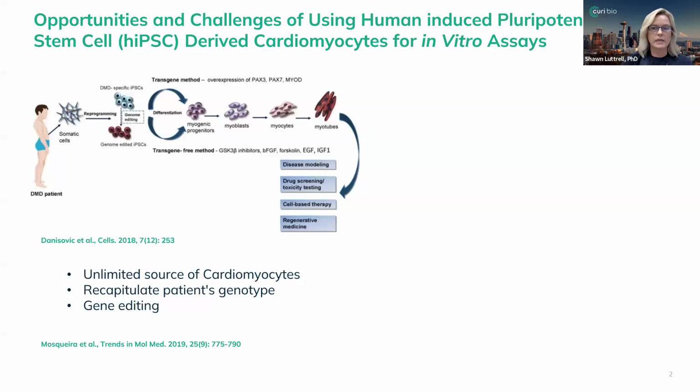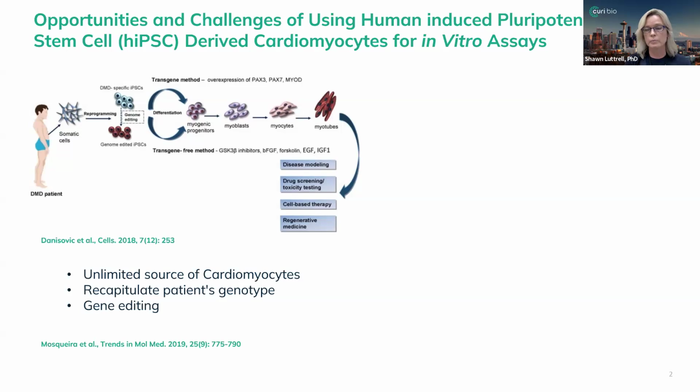And so the first step in generating our mini tissues is differentiating or acquiring the cells. iPSC-derived cardiomyocytes have been around for quite some time, and the differentiation protocols are fairly robust and easy to use. As such, stem cell-derived cardiomyocytes are becoming more popular for in vitro assays for a variety of reasons. You can generate a virtually unlimited number of cardiomyocytes from the iPSCs.